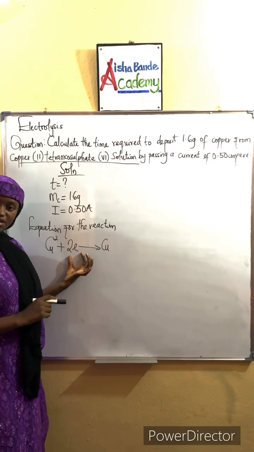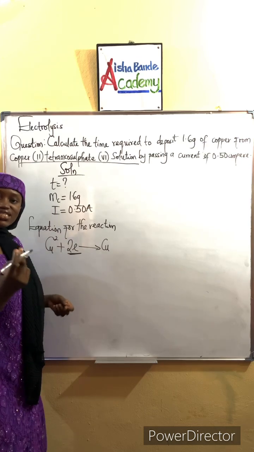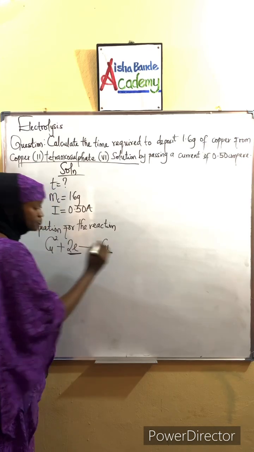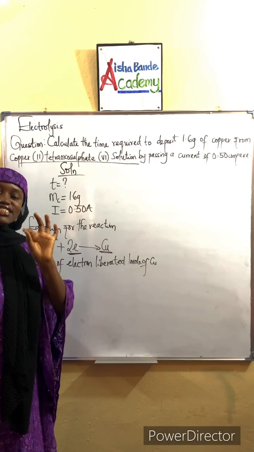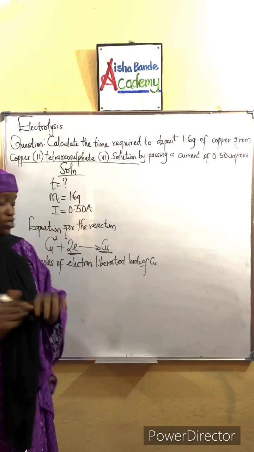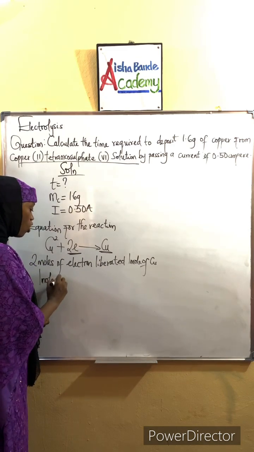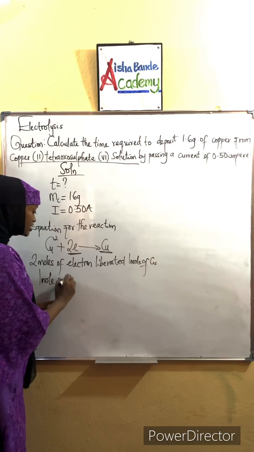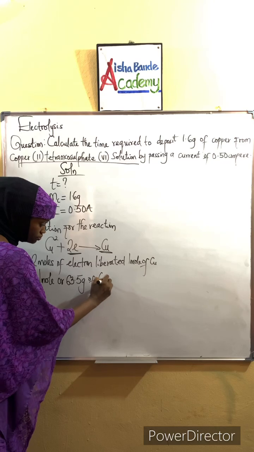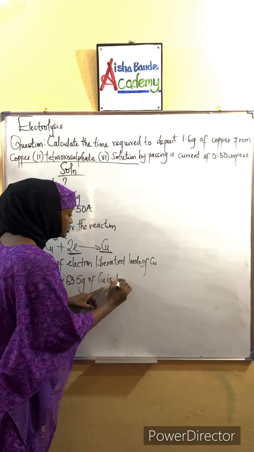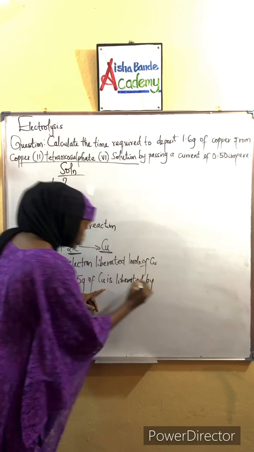From this chemical equation, we can see that 2 moles of electrons liberated 1 mole of copper. Copper has a mass of 63.5 grams. So from here, we say that 1 mole or 63.5 grams of copper is liberated by 2 moles of electrons.